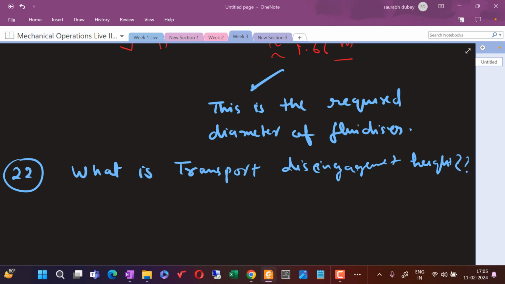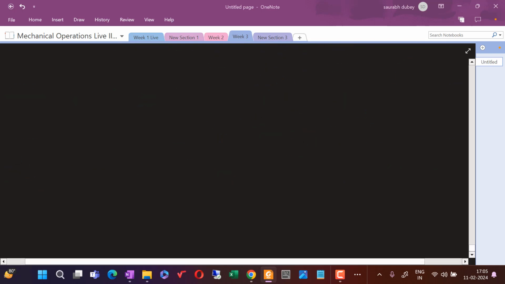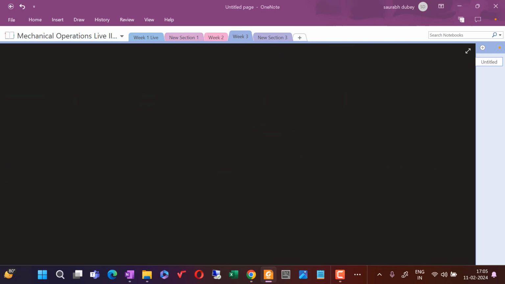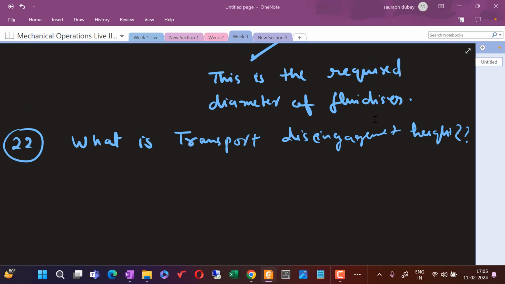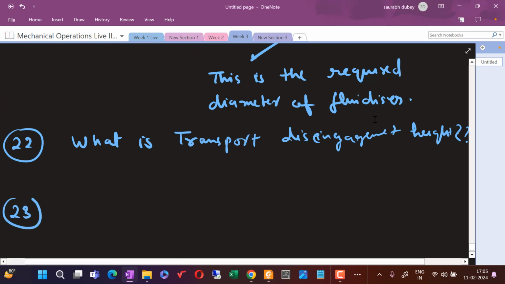So which of the following is correct? This is a multiple selection question, question number 23.